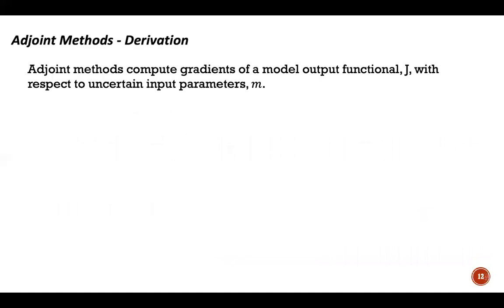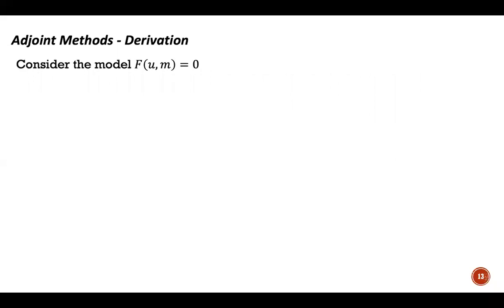Adjoint methods compute the gradients of a model output functional with respect to some uncertain input parameter that you have. They are a form of algorithmic differentiation. For this first bit, the derivation for adjoint methods and the derivation for tangent linear models are the same, but then I'll show you where they differ and where adjoint methods can be better.